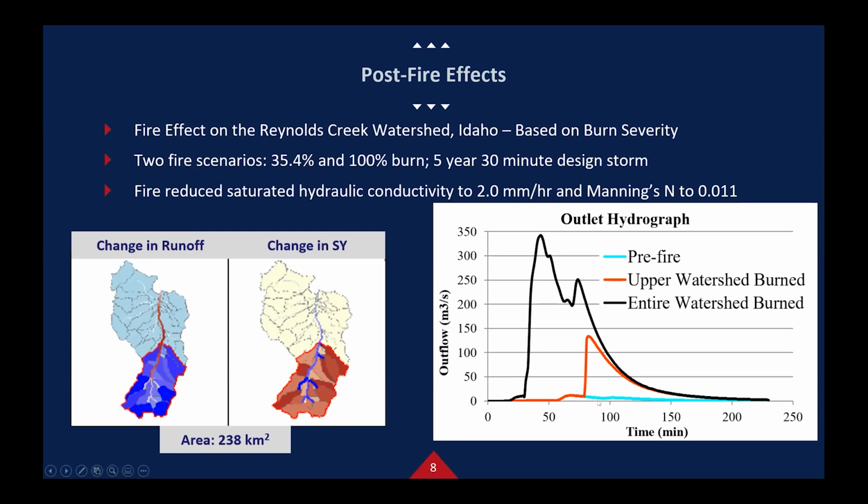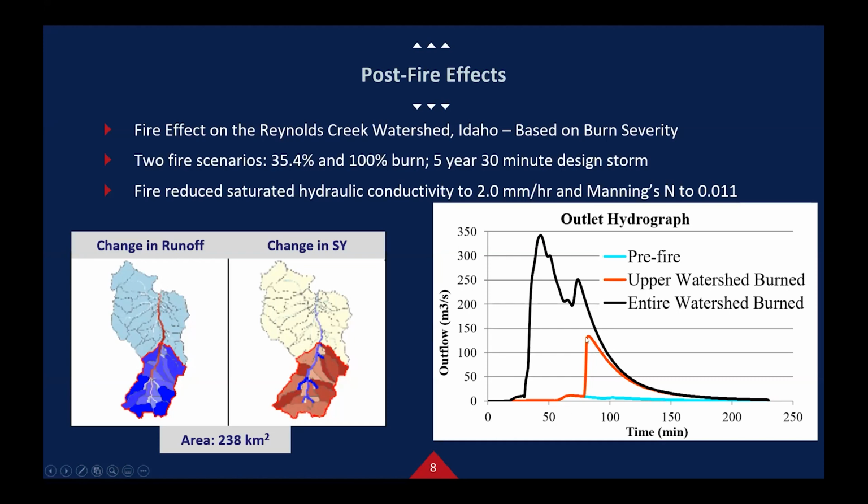And you can see that we have the pre-fire situation where we saw very low runoff for a 5-year, 30-minute design storm. 35% of the watershed was burnt in one case, a partial burn, and then 100% of the watershed was burnt. We look at burn severity in these situations. You can see that in the partial case, only the upper part of the watershed was burnt.